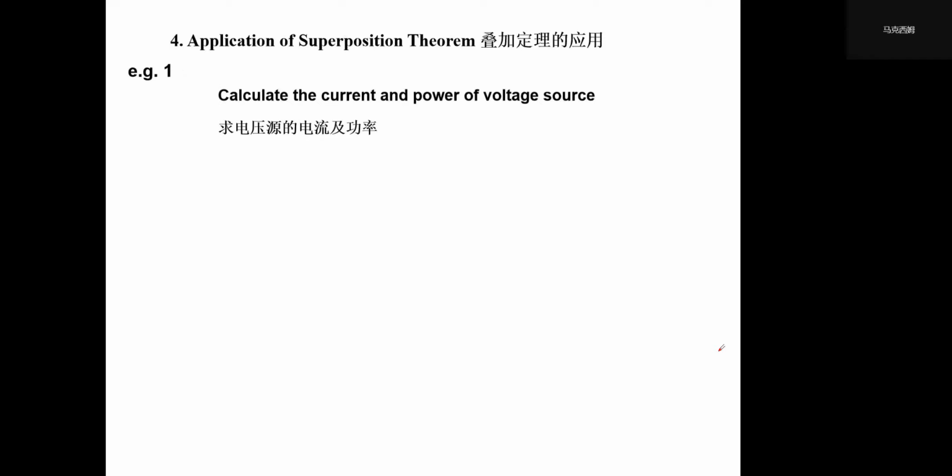So how do we apply this superposition theorem? We could use this to calculate the current and the power of the voltage source.